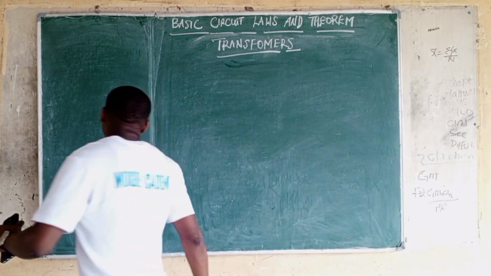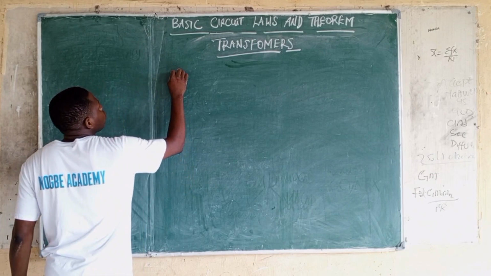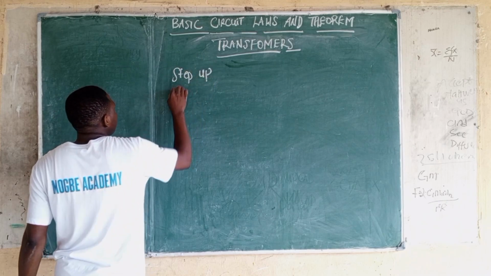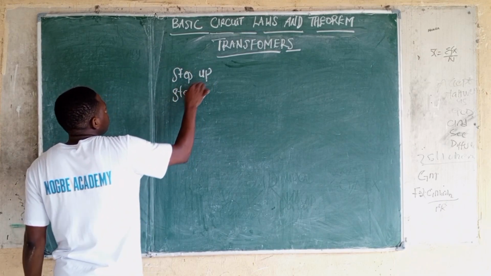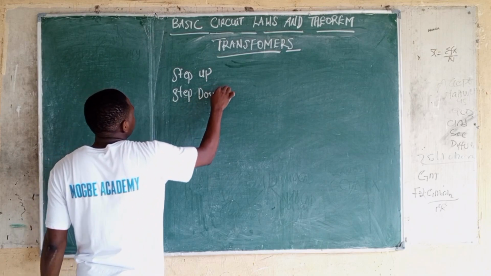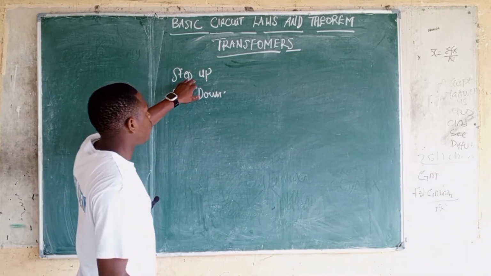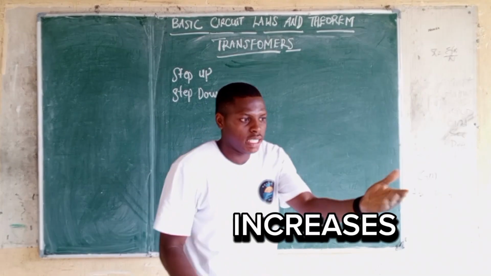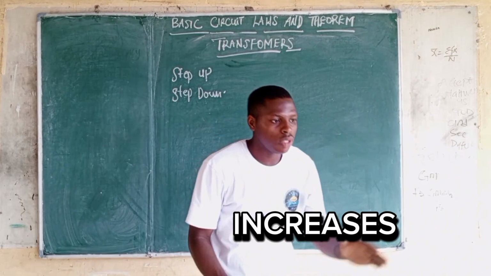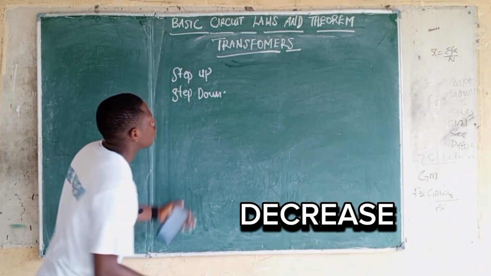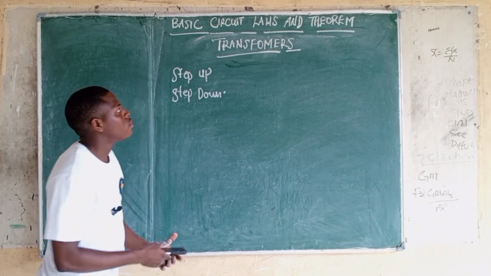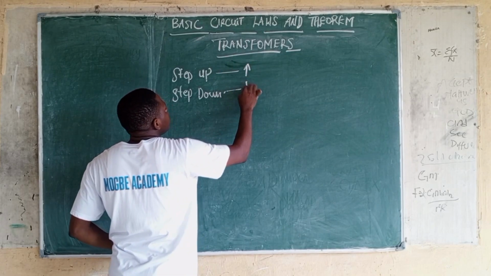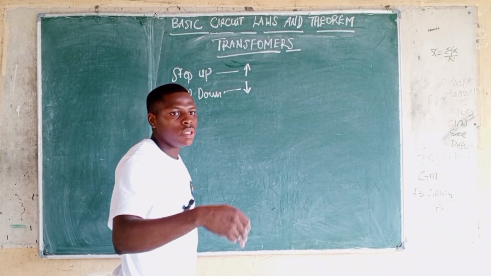So the two paramount things which you should know are, the first one is step up, while the second one is step down. What is your step up and what is your step down? The step up simply means increases, and your step down simply means decreases. So a transformer is a device that either increases or decreases an AC voltage source.